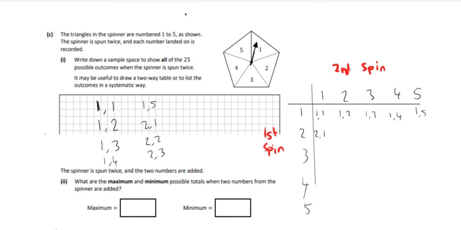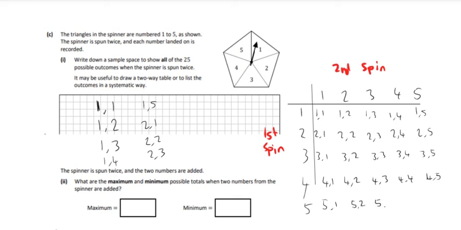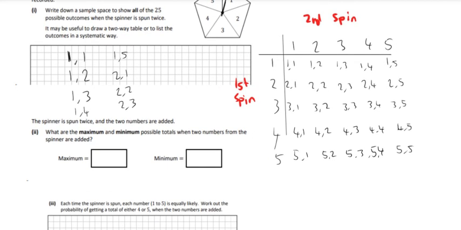You just fill it out like this. So those are all the possibilities, and there are 25 there.